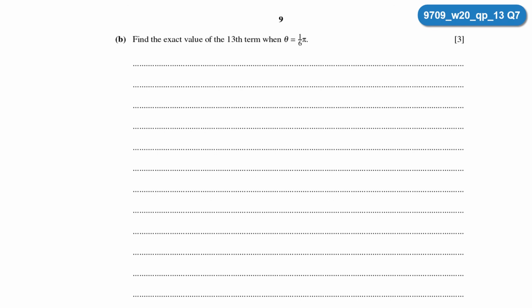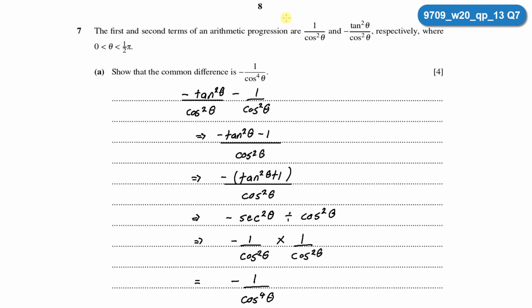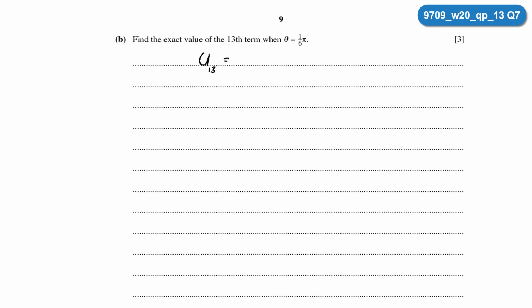On part B, find the exact value of the 13th term when theta is equal to a 6th pi. So here we know that the nth term of an AP is found by a plus (n minus 1)d. So the 13th term is going to be a, which is the first term, 1 over cos squared theta, plus n minus 1, which is 12, of d.